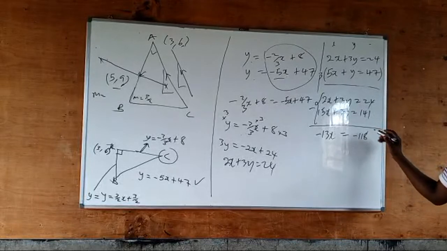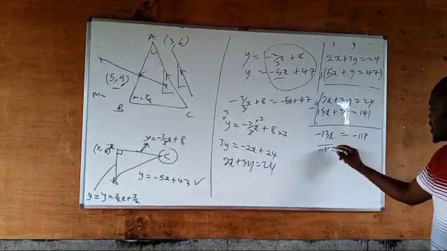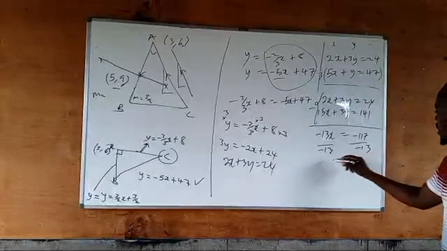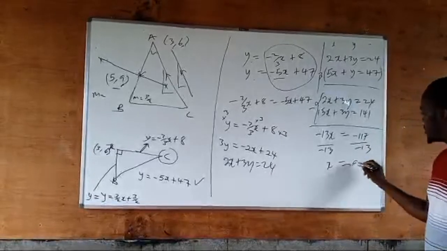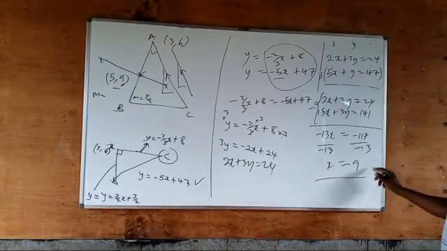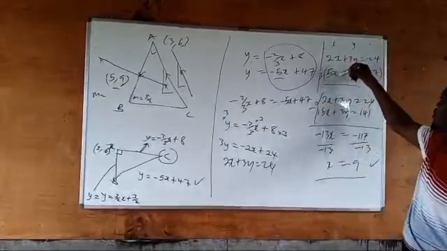118 17, divided by negative 13, x comes 9. X is 9. Now x is 9, you replace in one of these equations.